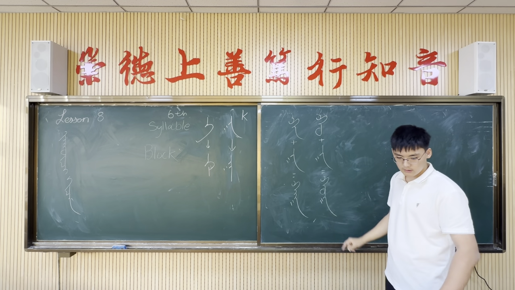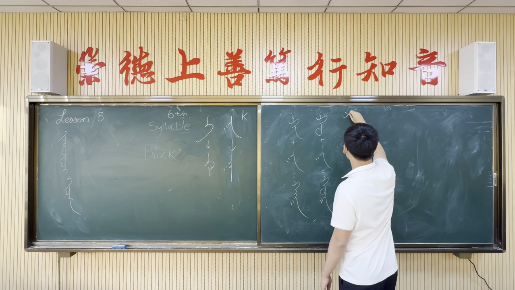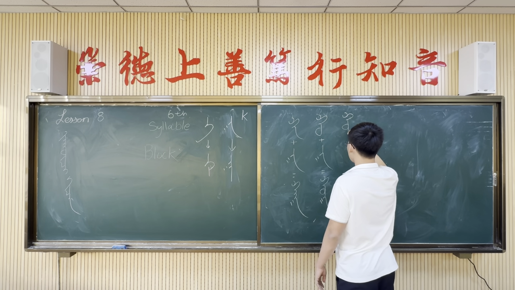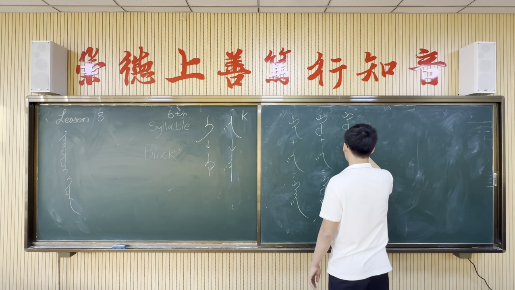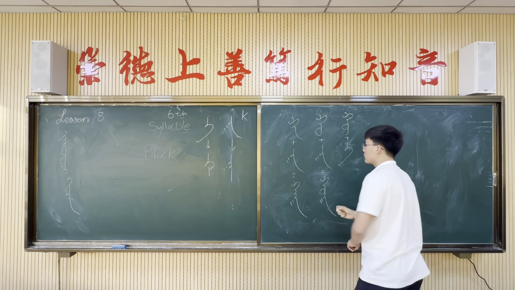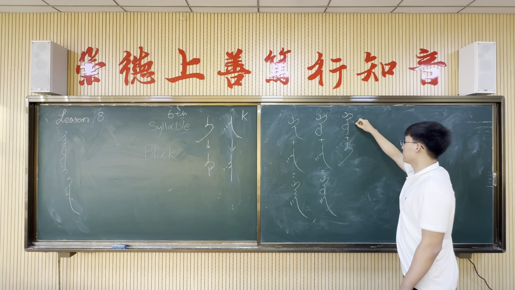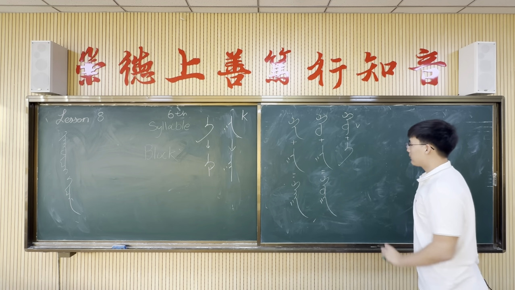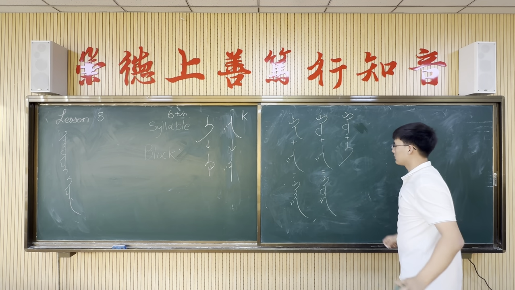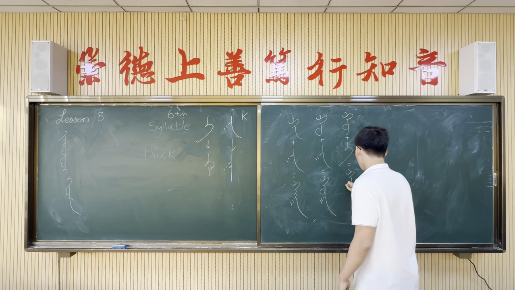Then we have ko, right? Now, notice how the sixth syllable changes because of the rule that I stated. Since the previous word ends with a V now, it will change to this one, this tail, when presenting the sixth syllable. Now it will be quark.